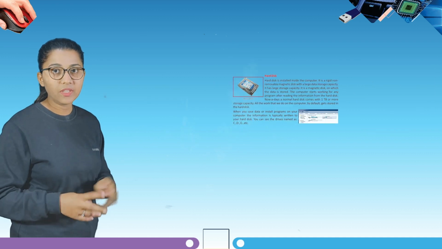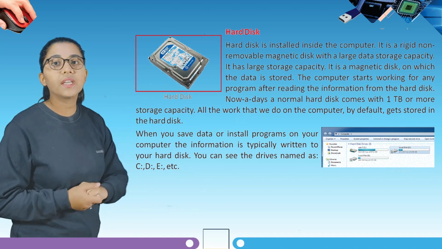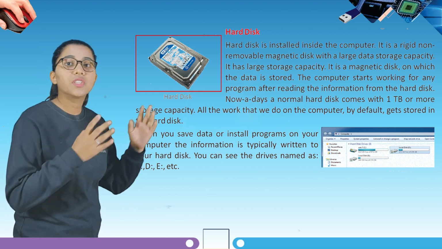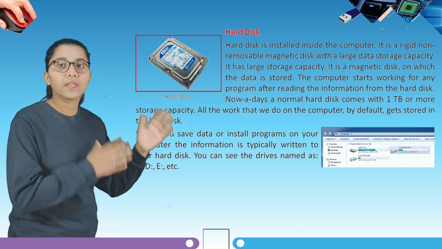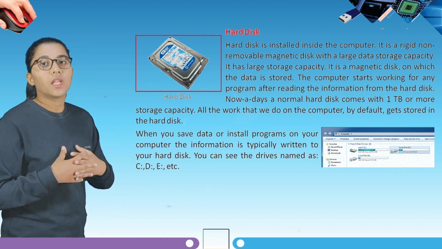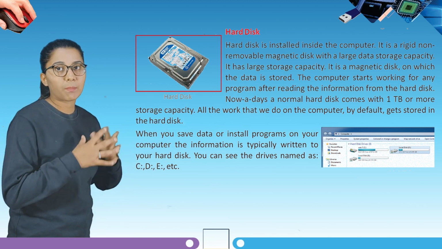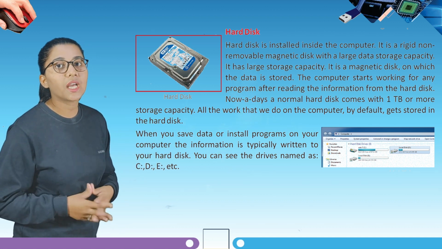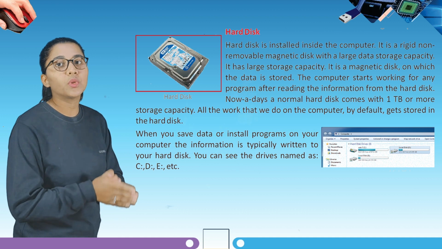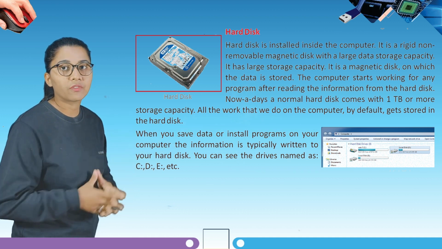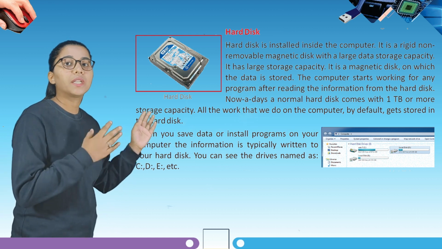Now next we have hard disk. Hard disk is installed inside the computer. It is a rigid, non-removable magnetic disk with a large data storage capacity. It is a magnetic disk on which the data is stored. The computer starts working for any program after reading the information from the hard disk.